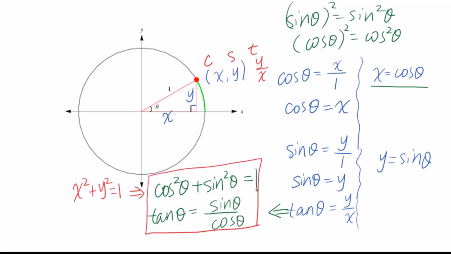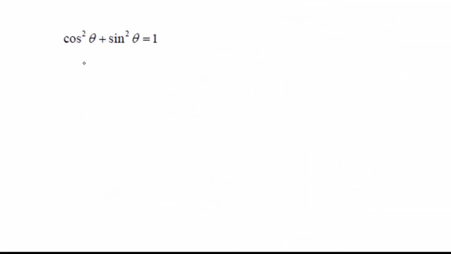Try to remember these two very basic but very important trig identities. Let's talk about cosine squared theta plus sine squared theta equals 1. First of all, we subtract sine squared theta from both sides. You will get cosine squared theta equals 1 minus sine squared theta. Then we take the square root of both sides.